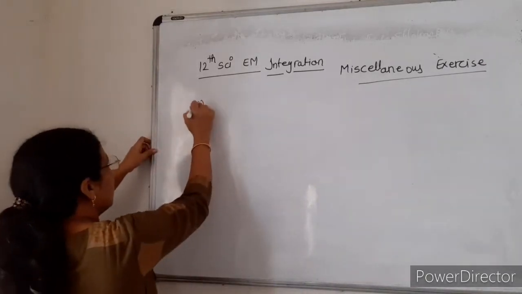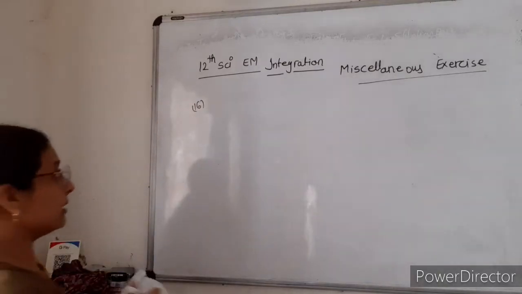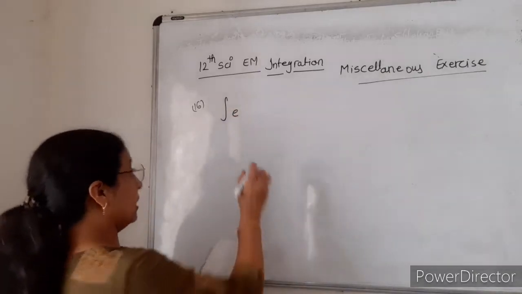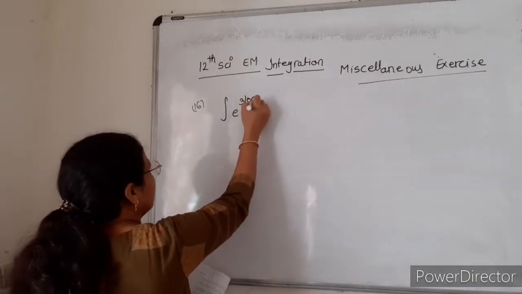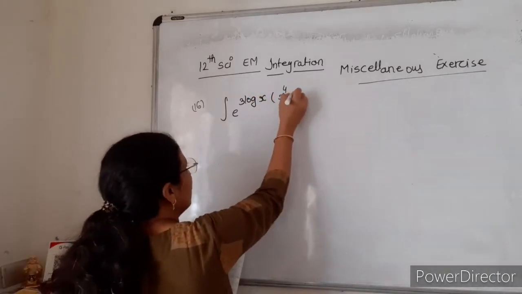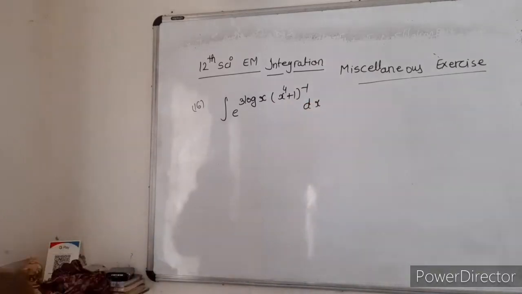The question number 16 is the integral of e raised to the power 3 log x, and x raised to 4 plus 1 raised to minus 1 dx is given.